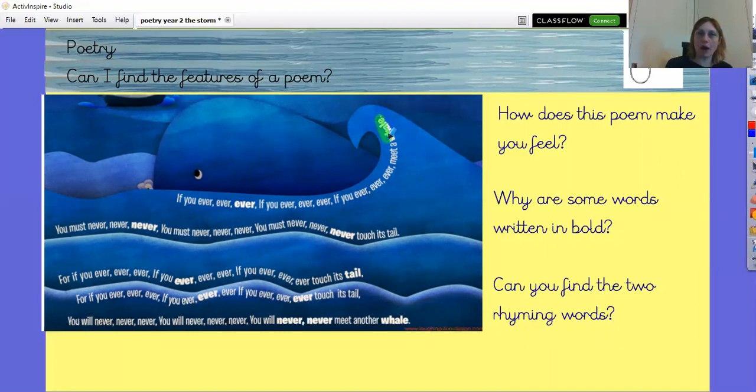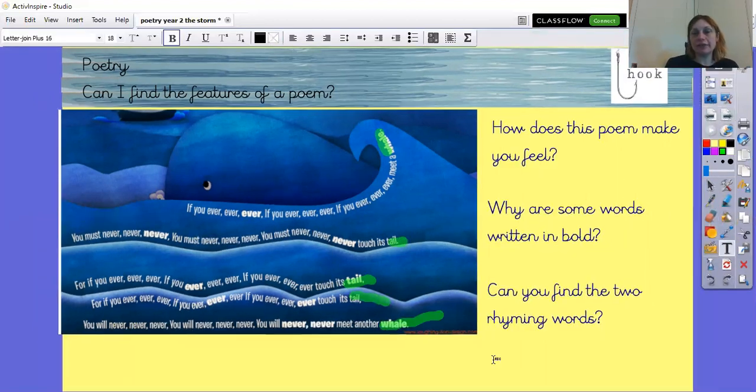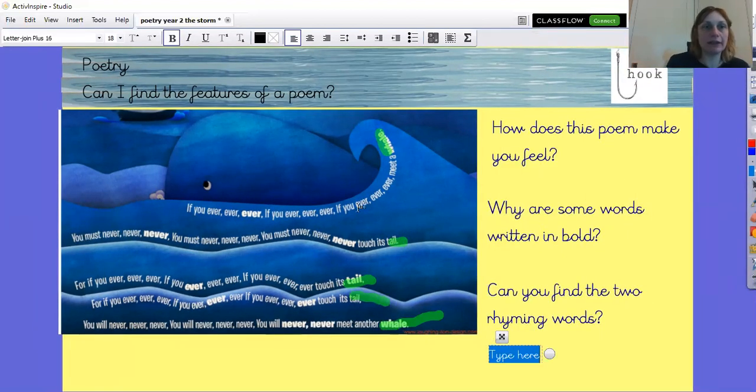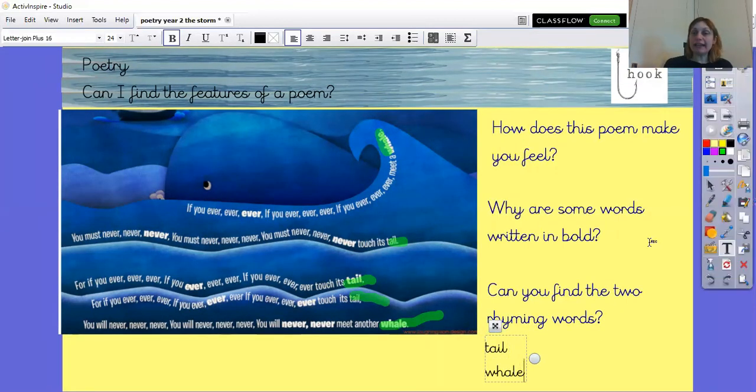So we've got the word whale and we've also got the word tail. There they are. And I'm going to write them and see if you can notice anything about them. So let me maybe make my font size just slightly bigger. So I've got tail and then I've got the word whale. And the really fun thing with rhyme, when you're making rhyming words, is that you can then use your phonics and find different ways to make the same sound.